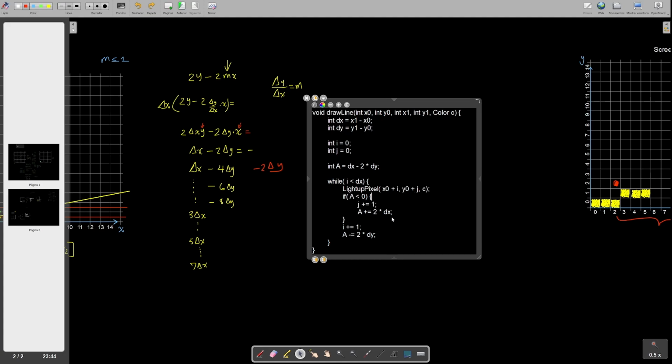But this can be written in a better way now that we know this. We can just check the code and write it in a better way, so we don't have to do this addition all of the time.